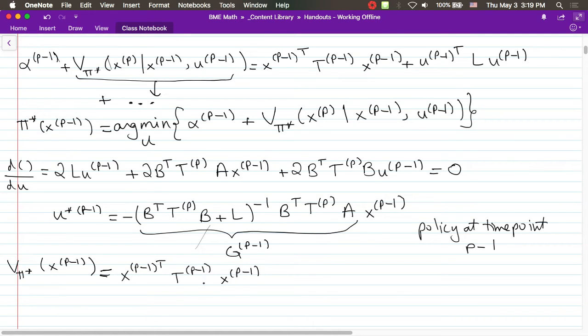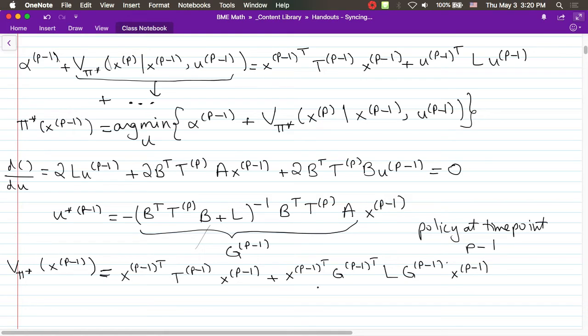So that's the first component of cost per step, plus the cost of the command, which was U transpose L times U. Well, I'm going to replace U with minus G times X. So U transpose is going to become X P minus 1 transpose G P minus 1 transpose times L times G P minus 1 times X P minus 1.